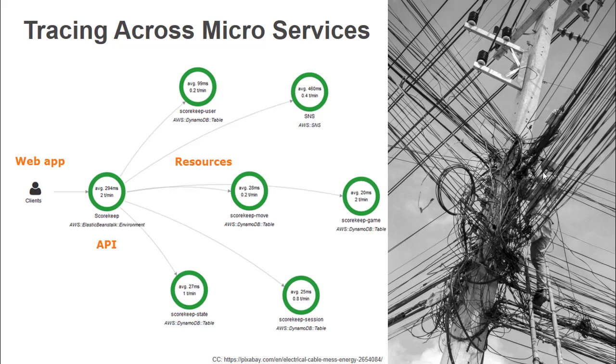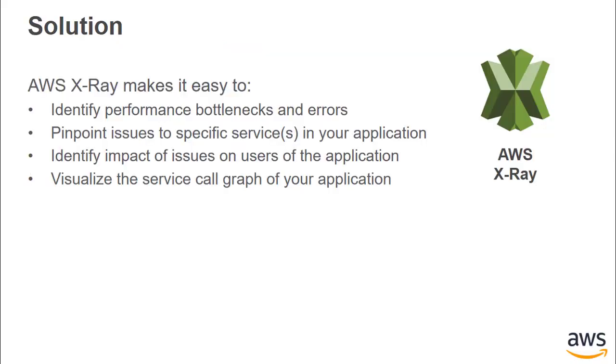So let's understand how you can easily debug this kind of application using a service called AWS X-Ray. AWS X-Ray is tooling that we provide for .NET developers, especially, that you can easily integrate with existing applications. We provide an SDK that you can use to trace across different service invocations.